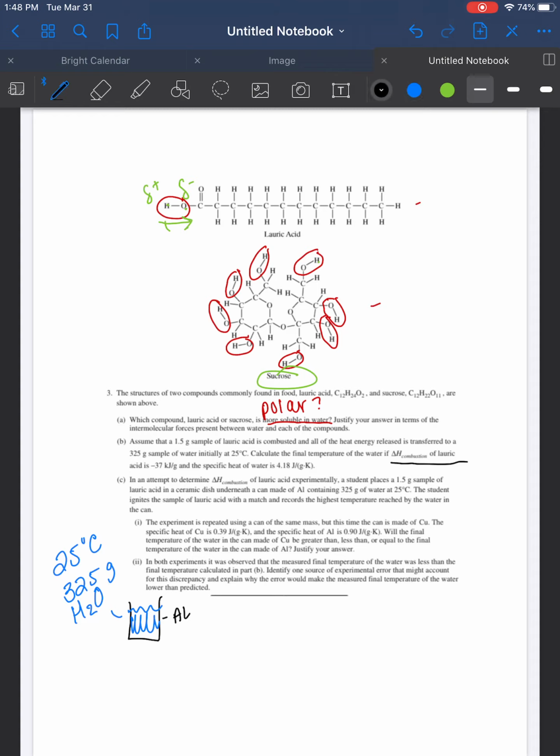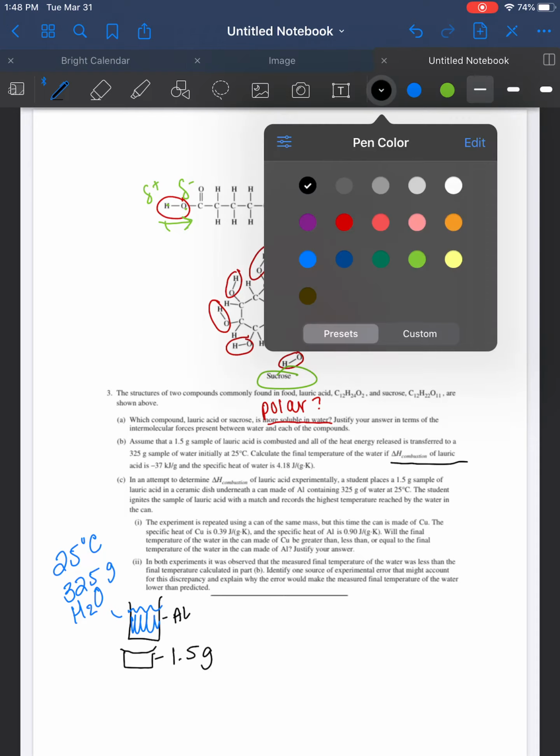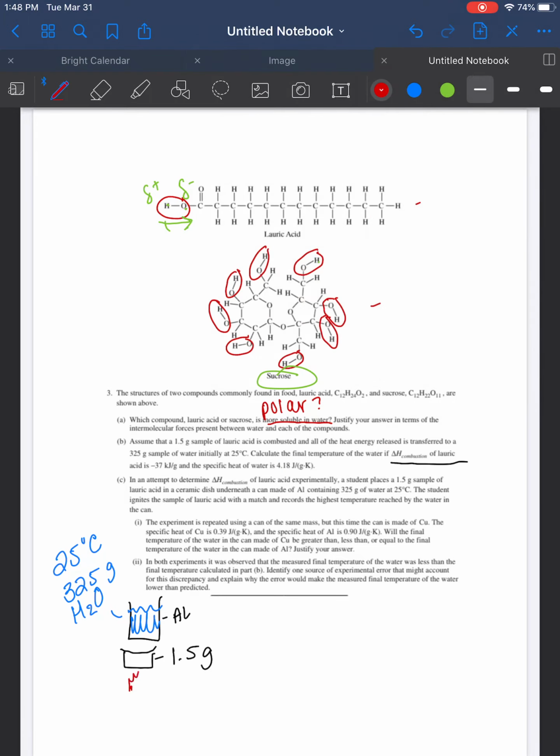The student ignites the sample of lauric acid. So underneath here, I have a sample of lauric acid, and it says it's a 1.5 gram sample of lauric acid, and then the student will ignite it. That's my fire.